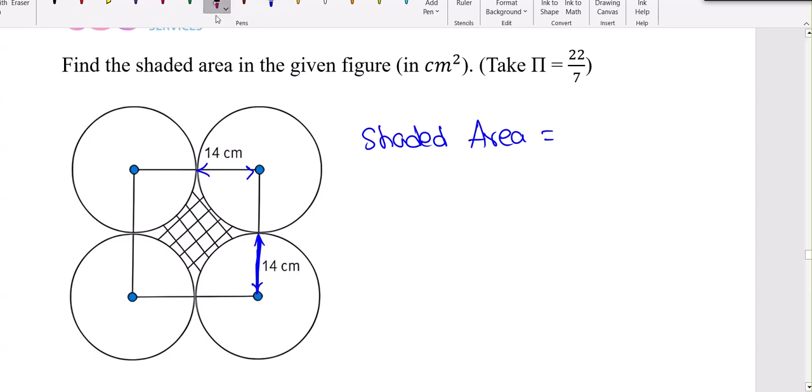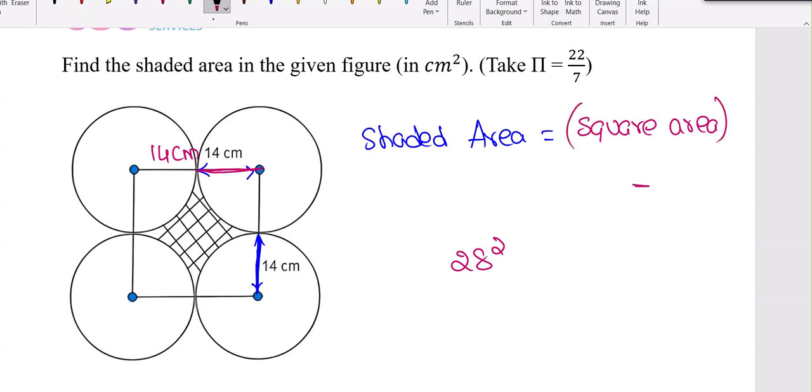What is the square area first of all? Square area is 28 square. Half of that is 14, please. If this is 14, this is also 14, 28. So 28 square minus, I need to remove these 4 quarters, right? 4 quarter parts of a circle means the area of one circle only, simple.